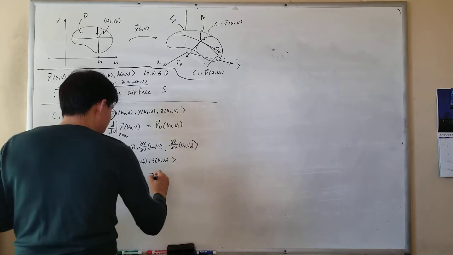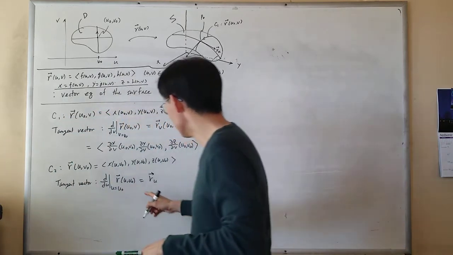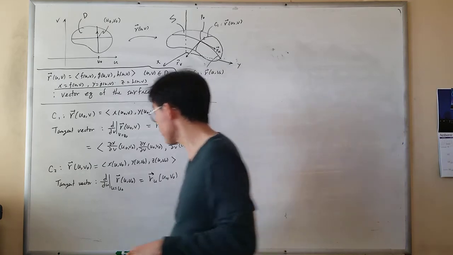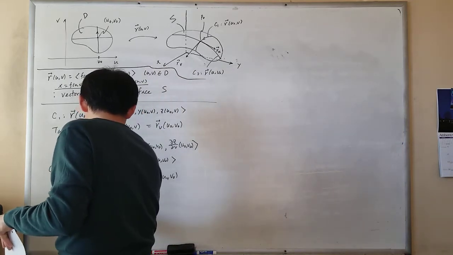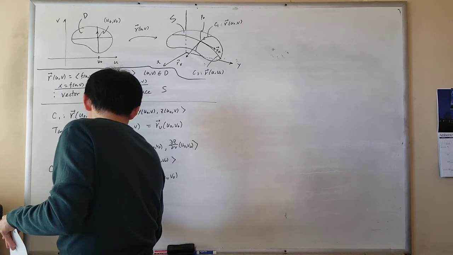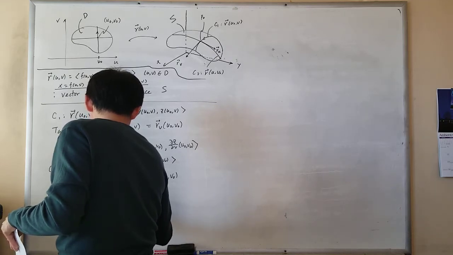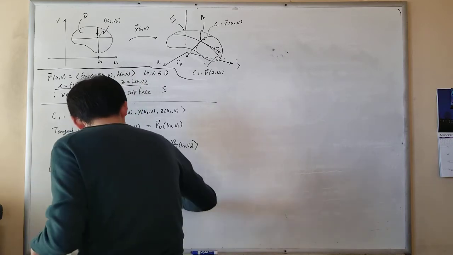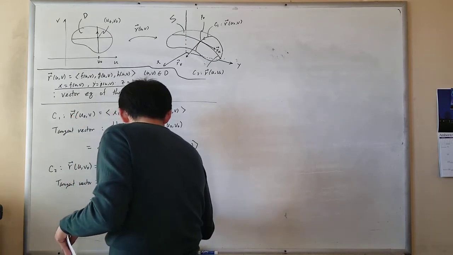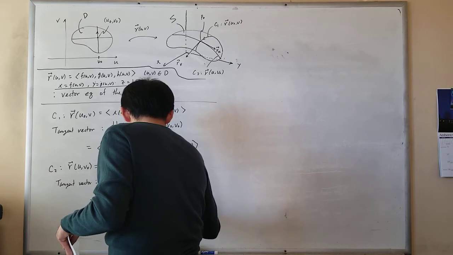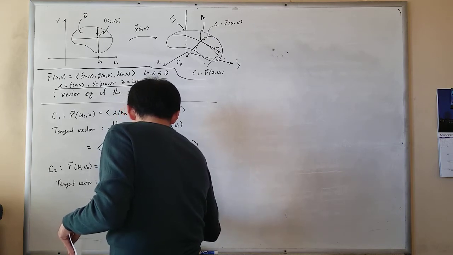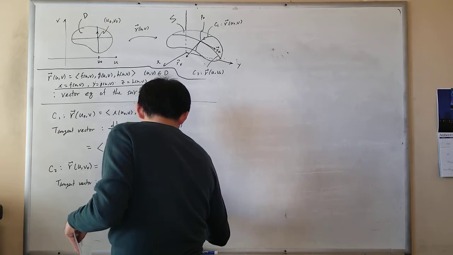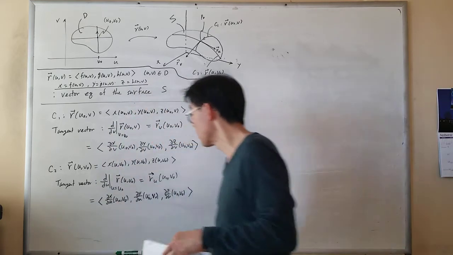That will be r sub u, the partial at u0, v0, which means partial x partial u, partial y partial u, and so on. Okay?